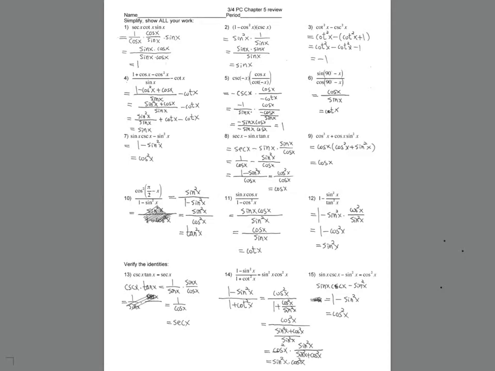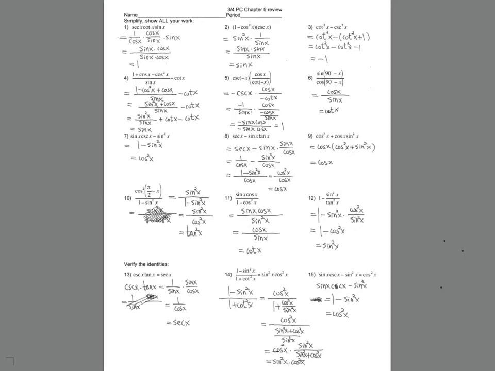Number 10, you have cosine square of pi over 2 minus x over 1 minus sine square x. Do you remember that I said in number 6, sometimes you'll see pi over 2, sometimes you'll see 90 degrees. They are exactly the same thing. So this is going to be the co-functions. Cosine square of pi over 2 minus x is calling for the co-function of cosine, which is sine.